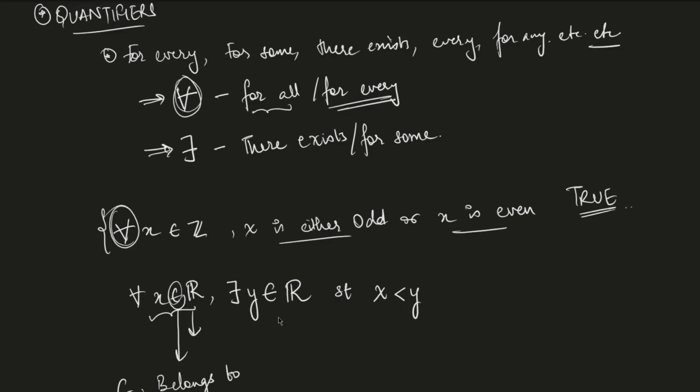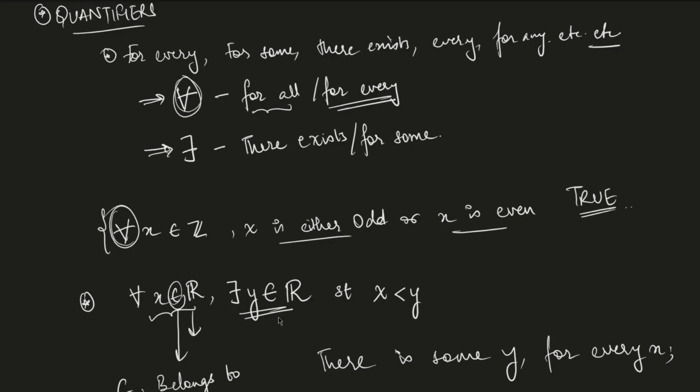This statement basically says that for every x there is some y such that x is less than y, where x and y are real numbers. This makes sense. Why?